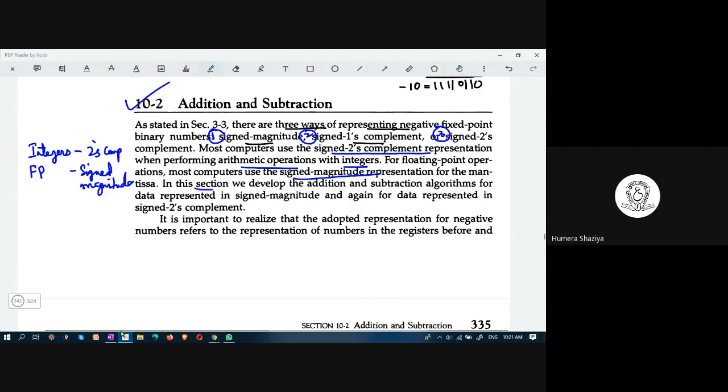All right, in this section, we are going to develop addition and subtraction algorithms for the data represented in signed magnitude, and later, for the data represented in two's complement.